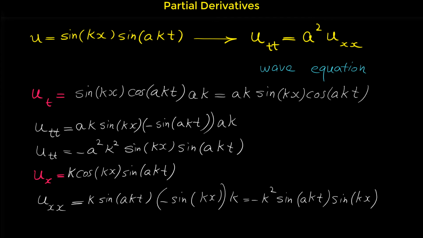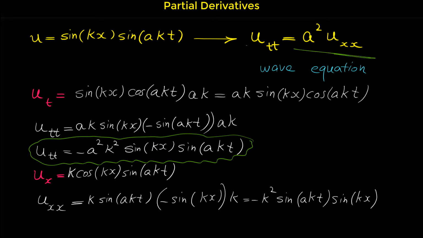Now we have to check whether u sub tt is equal to a squared times u sub xx. Note that u sub tt, as we evaluated here, is negative a squared k squared sine of kx sine of akt. It should be equal to a squared times u sub xx. u sub xx is this expression.